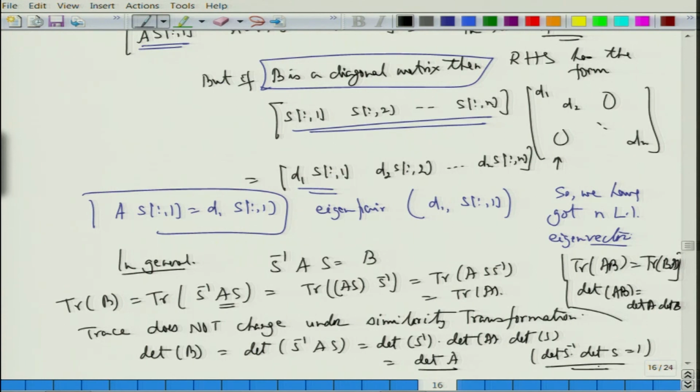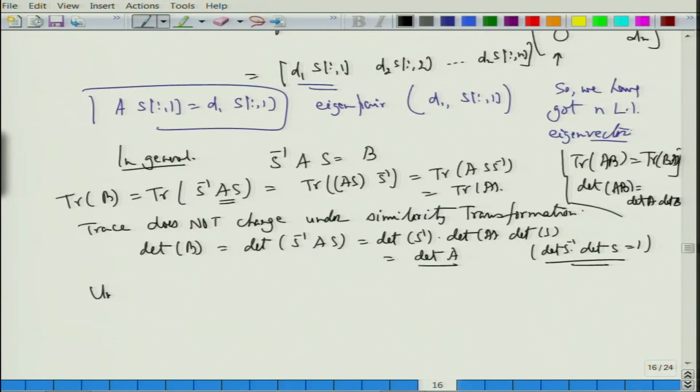What can we say about eigenvalues also? That under similarity the eigenvalues will be the same. All right. So I would like you to check that. So under similarity, eigenvalues do not change. Why does it not change?